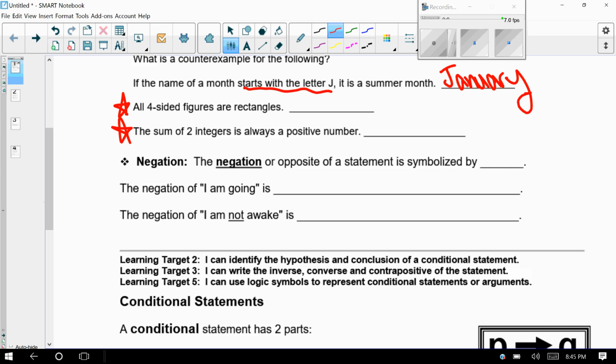A negation does not always mean we're going to insert a not in there. It means we're going to make the sentence the opposite. So it says the negation, or opposite, of a statement. And our symbol is a tilde. Looks like this. The negation of I am going is I am not going.